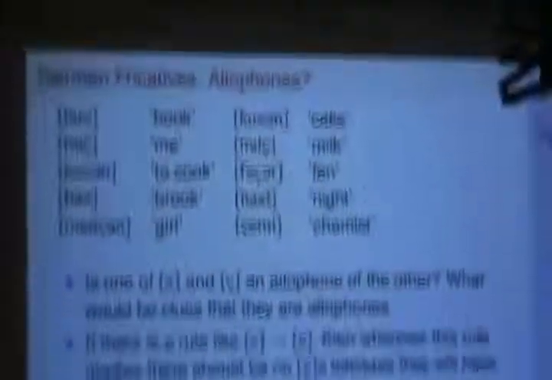It could be that German speakers have this sound, the velar voiceless fricative, and they also have a rule that tells them, well, sometimes you should pronounce it as this other sound. Somewhere there's a rule of that sort in the German mind.